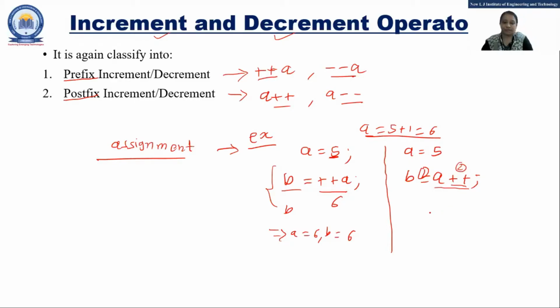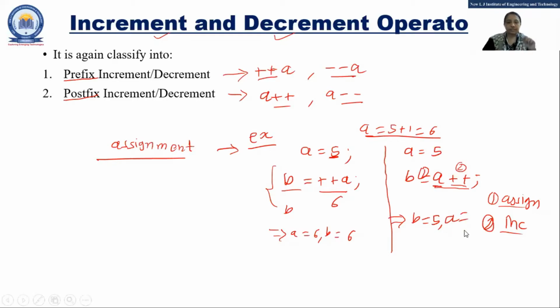Post means afterwards. So whatever the value of a is, that will be assigned first. The first step is assign, and the second step is the increment. So the value of b will be 5, because assignment is done first and then increment. But what should be the value of a?